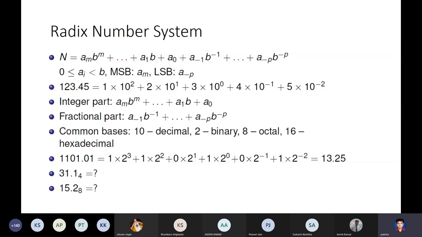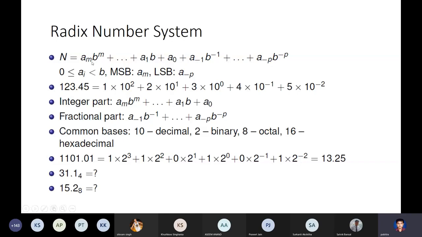And these powers, m to minus p, are the powers of the base, which increase as you go towards the more significant bit and decrease as you go towards the least significant bit. And these am, a1 up to a minus p, are the digits. The requirement is that the value of these digits has to be from 0 to b minus 1.